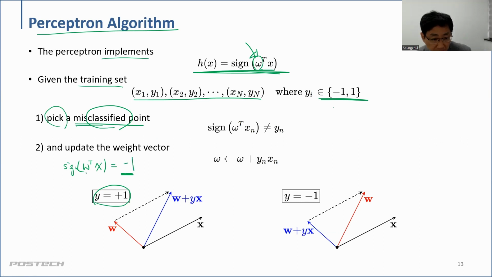That means here, is it positive or negative? We have the sign function, so omega transpose x is positive or negative? We have -1. Anybody?